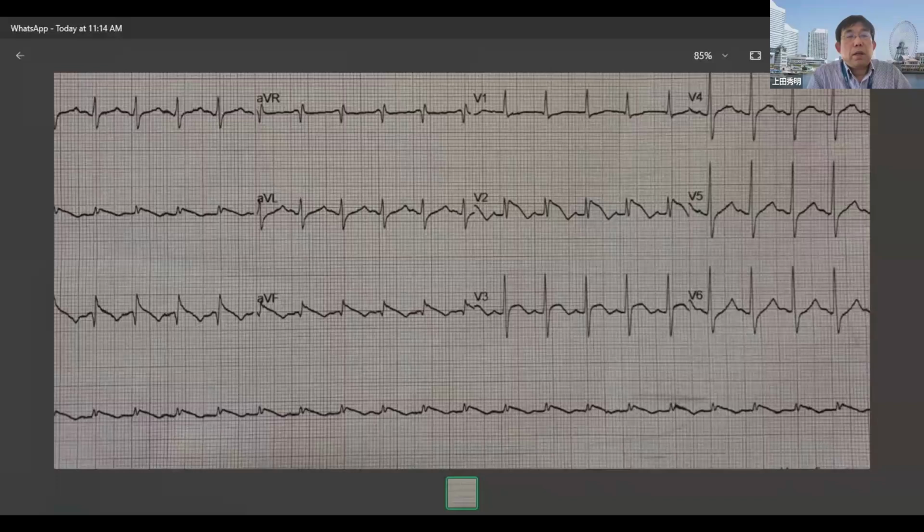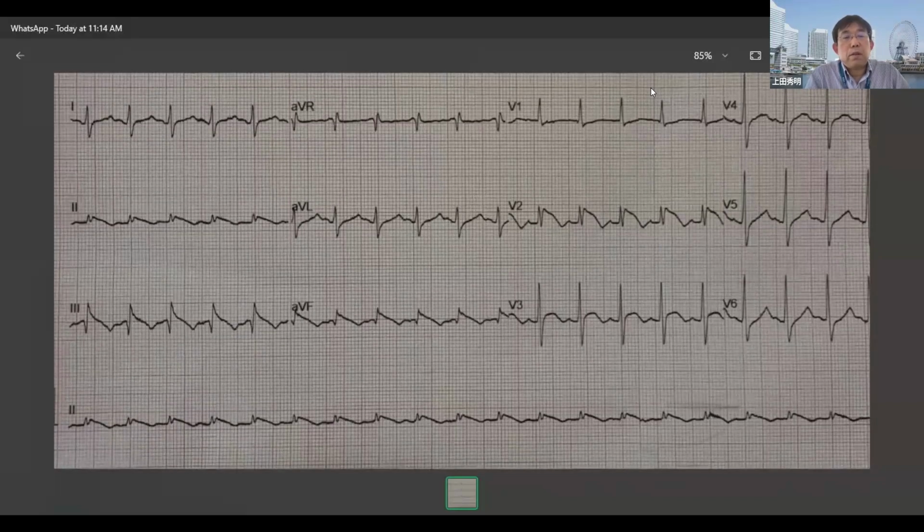So it means that the contractions of the ventricles might be diminished. But still, the majority of V2 is a saddleback pattern. I think it's very typical of Brugada syndrome.